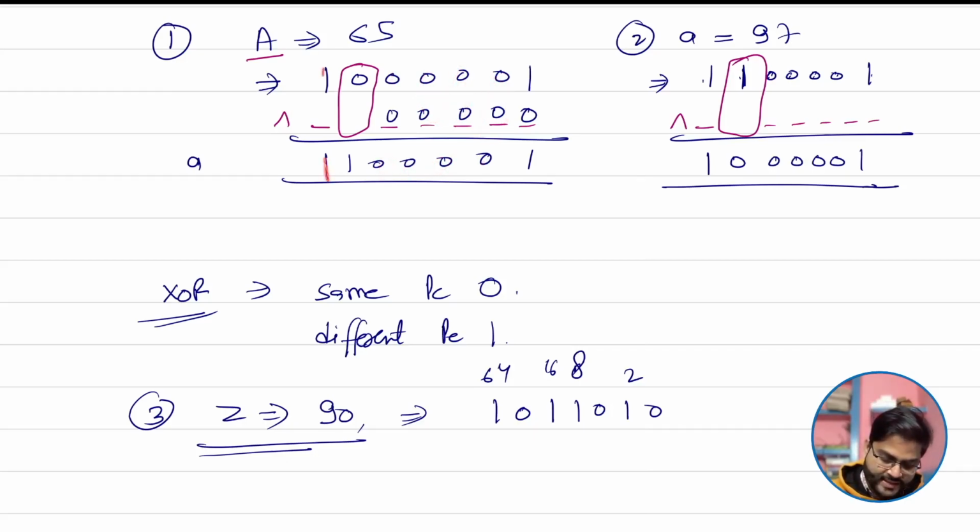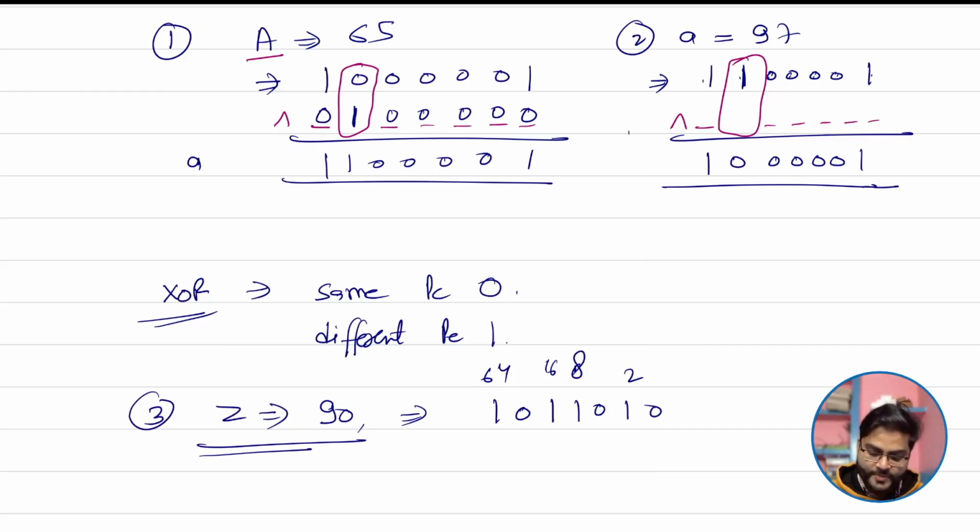Here also I want the same bit, so I take 0, and 1 XOR 0 is 1. Now at this position I want to invert the bit. If I take 1 here, what will happen? It will be inverted.